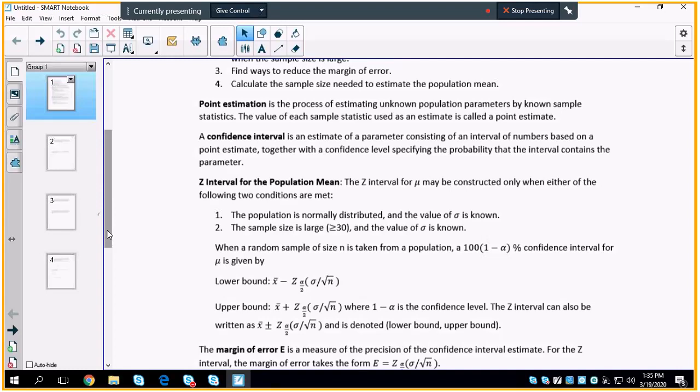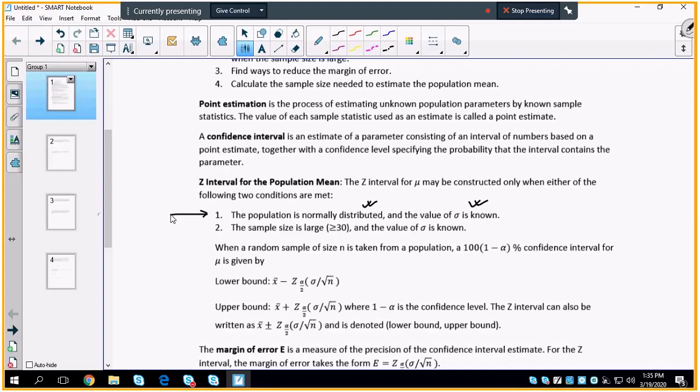We are going to use the Z interval to find the population mean under the situation if the population is normally distributed and the population standard deviation is known. So first of all, you have to make sure it is normally distributed and population standard deviation is known, or the sample size is large enough and the population standard deviation is known.